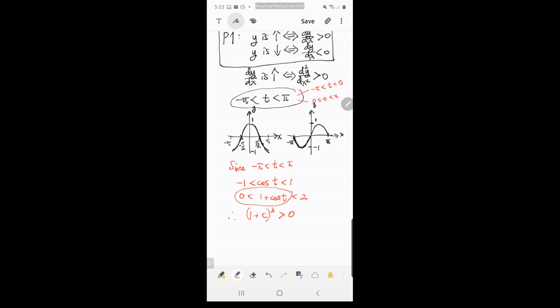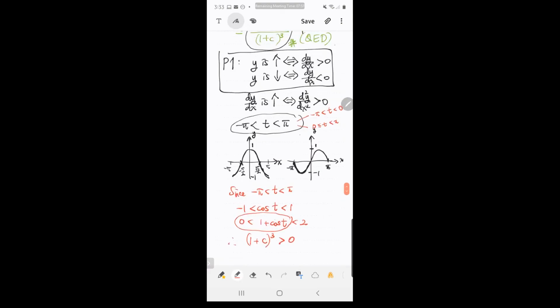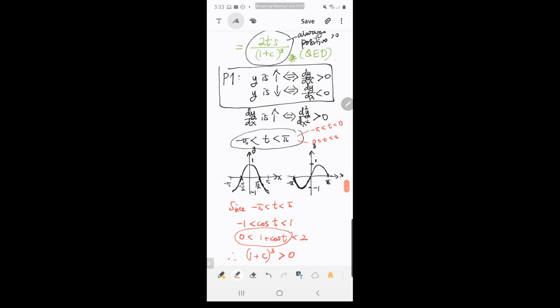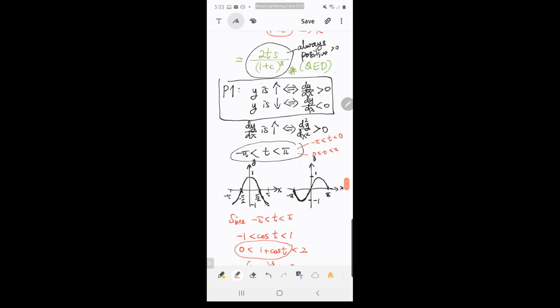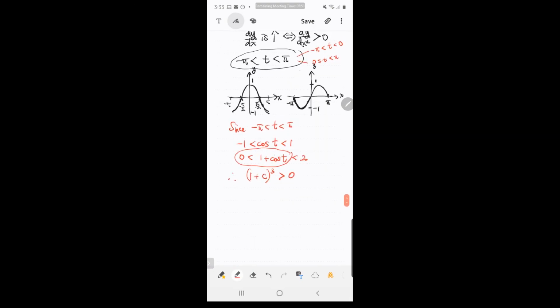Furthermore, you have t and also sine t. And now you have to consider t and also sine t. So for sine t, you have to consider from negative pi to pi. So I split this into 2 cases straight away, so you have to explain 2 times.